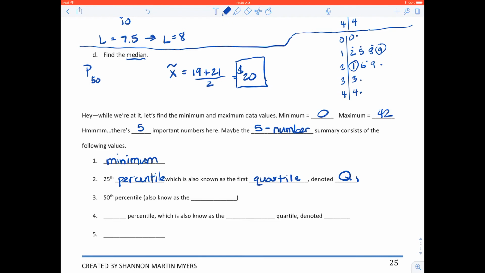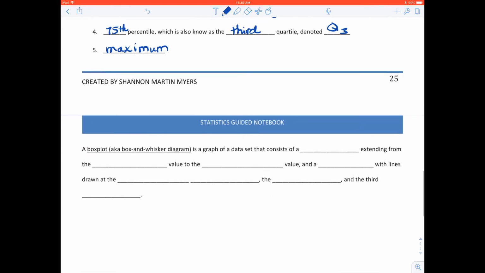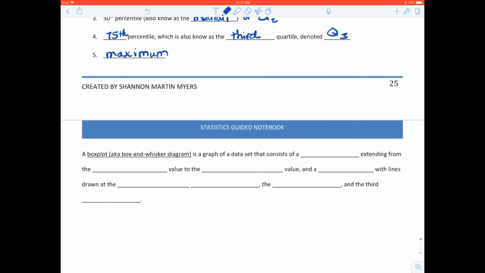The 50th percentile, also known as the median, or the second quartile, right? The 75th percentile, also known as the third quartile, denoted Q3, and the maximum. And these special numbers give you the values needed for a box plot.